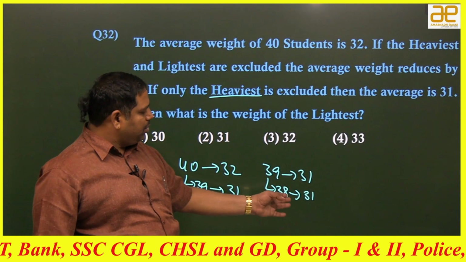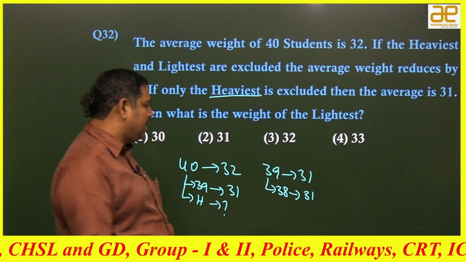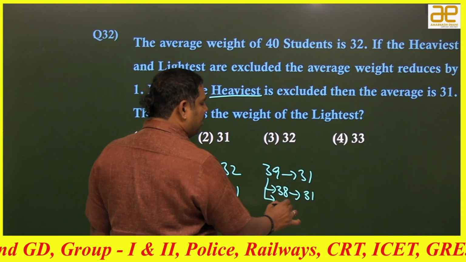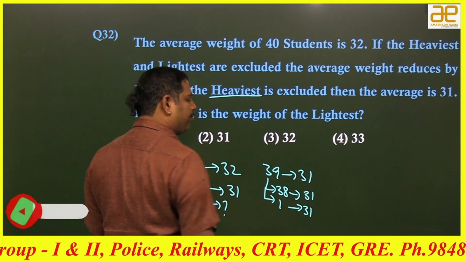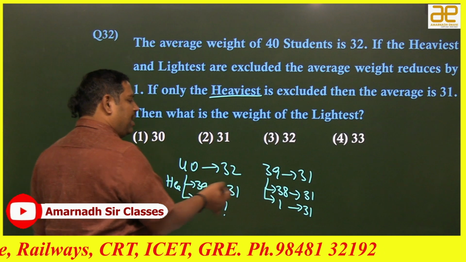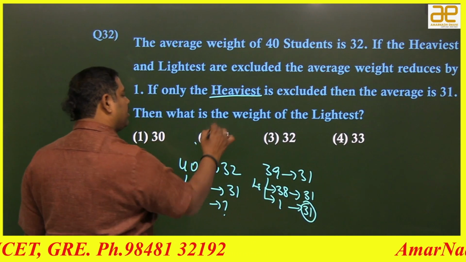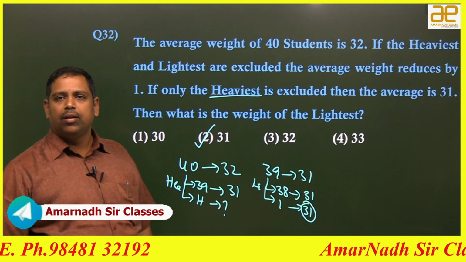Sir, one member left, his is also same, right? That means whoever is the left one, his average is also 31, right? Here heaviest left, from here to here lightest left. So lightest person's weight is how much? 31. That's it. Okay.